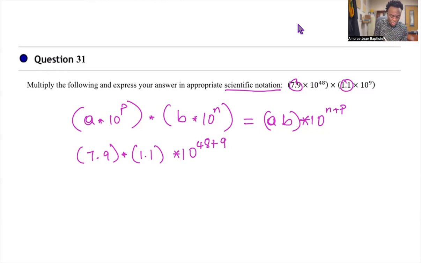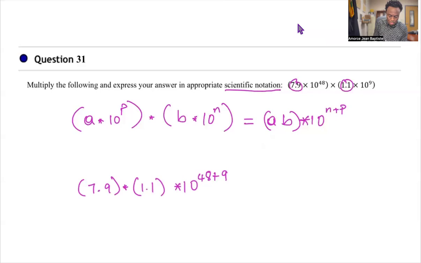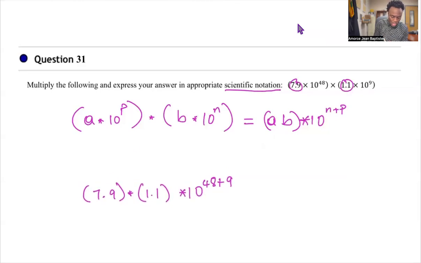Obviously, we need to make sure that a and b are numbers that are not bigger than 10 and not smaller than 1.